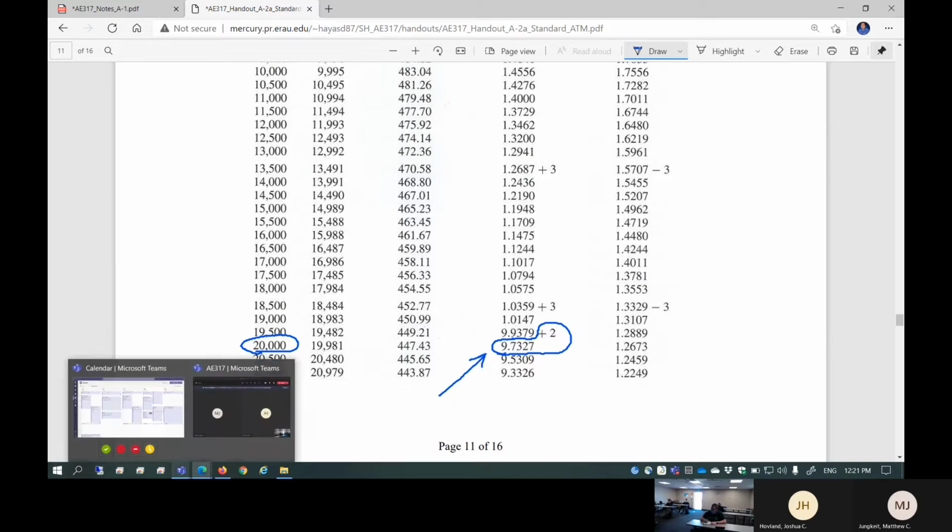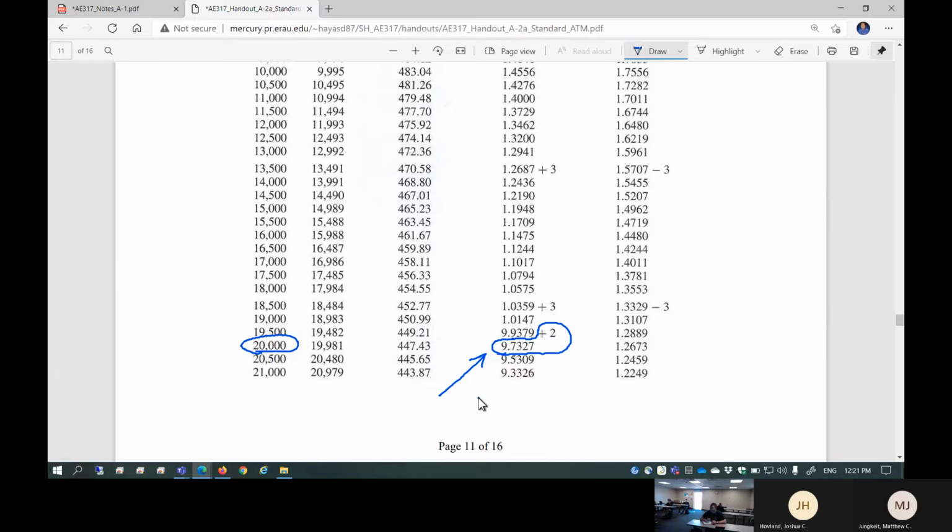This is the static port of the airplane sensing this much pressure. The value is 9.7327 times 10 to the 2. This is the unit of PSF, pound force per square foot.